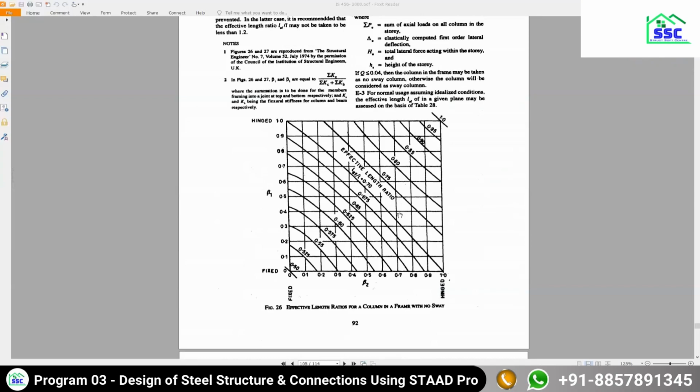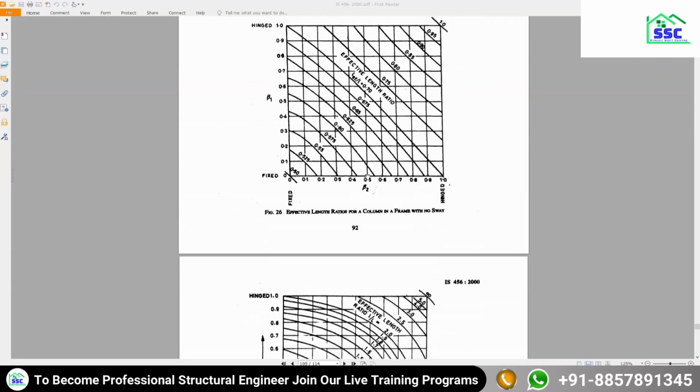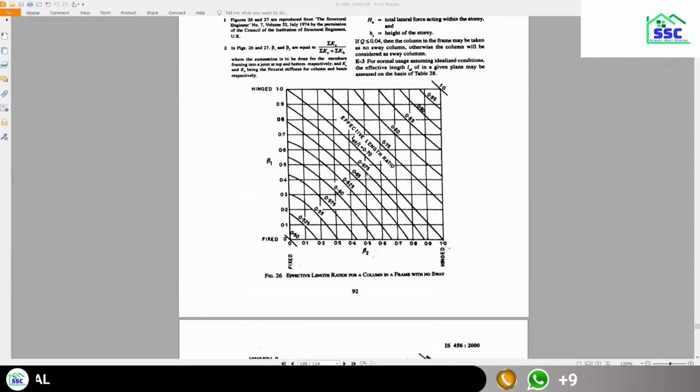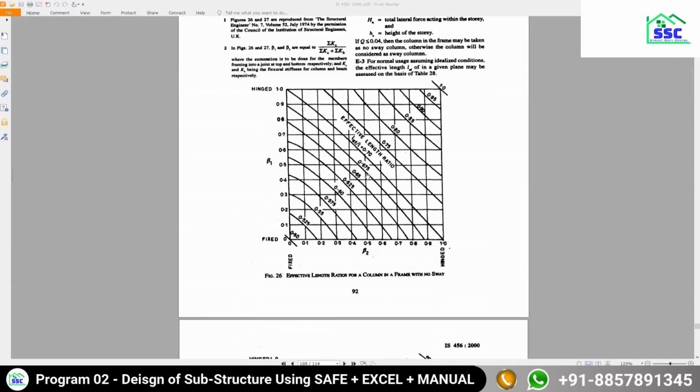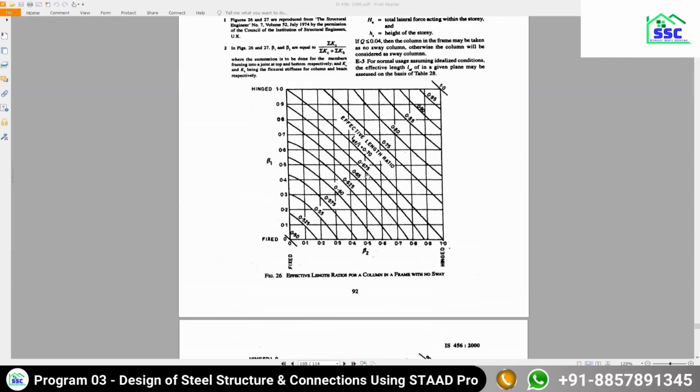Just to give you a feel of what is different in these two figures: in a non-sway frame, the effective length of our column will be smaller compared to a sway frame, because in a sway frame the frame is weaker and that is why it has larger lateral deflections. So obviously you are going to get a higher effective length factor if your framing type is sway.